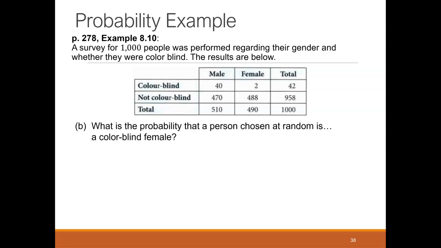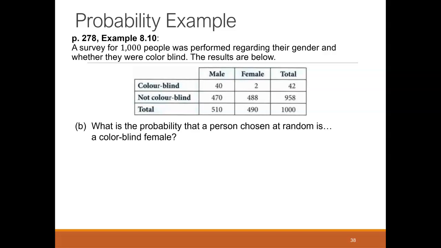Okay. The probability the person chosen at random is a colorblind female. Is this a conditional probability? No, because there doesn't say anything given that blah, blah, blah, blah, blah.